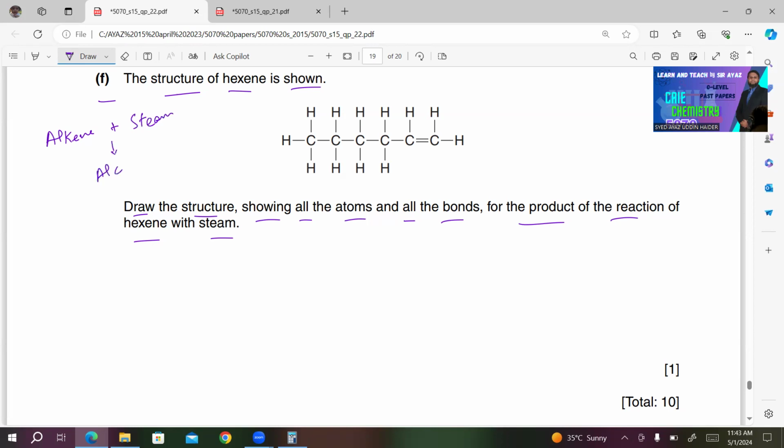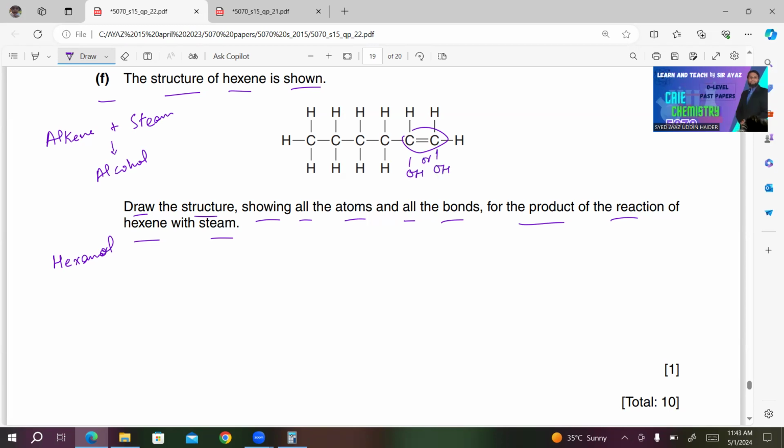So in this case, we will get hexanol. So you can have two possibilities. As you see the double bond here, you can have either OH at this point or at this point.